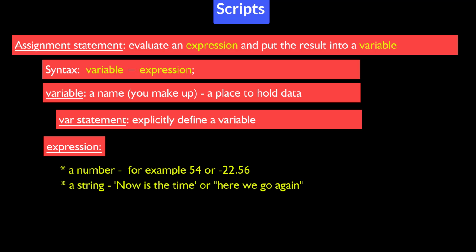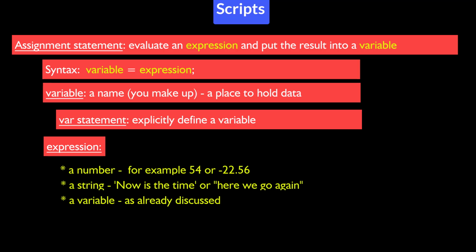An expression can be a string. For example, 'now is the time' in single quotes, or "here we go again" in double quotes. A string must be bounded by single quotes or double quotes, and the value for this expression is the string of characters itself. An expression can be a variable, as discussed above. That is, the value of this expression is the current content of the variable.